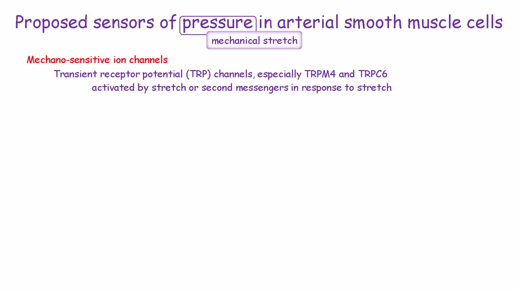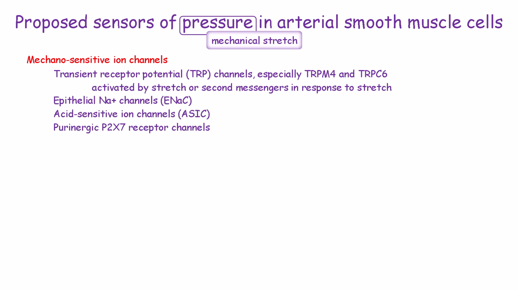There is direct evidence that TRPM4 and TRPC6 are involved in the myogenic response, but while they were once thought to sense stretch directly, it now looks like they are activated indirectly by signals downstream of G-protein coupled receptors. Other types of cation channels have also been proposed as stretch sensors, but their involvement in myogenic tone is less clear.